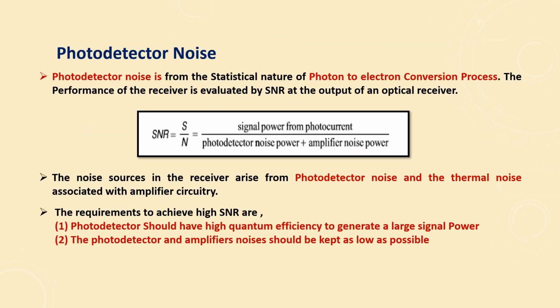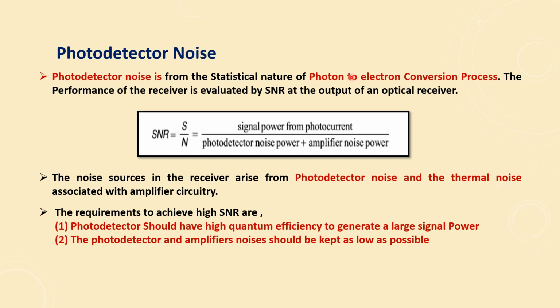If you consider photodetector noise, we can say that the performance of any optical detector or optical receiver can be evaluated by using the parameter called signal to noise ratio. This photodetector noise arises from the statistical nature of the photon to electron conversion process, where the optical signal is converted into an electrical signal.